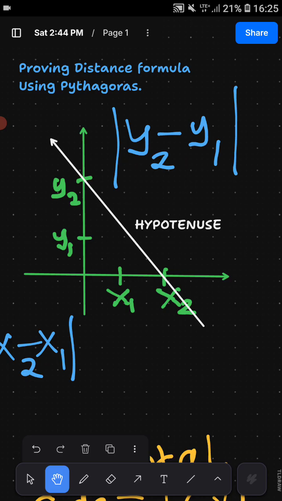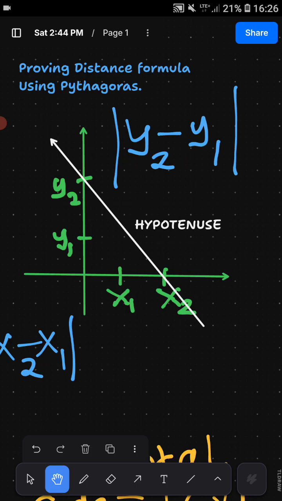So the magnitude for the height here is y2 minus y1, and the magnitude for the base here is x2 minus x1.